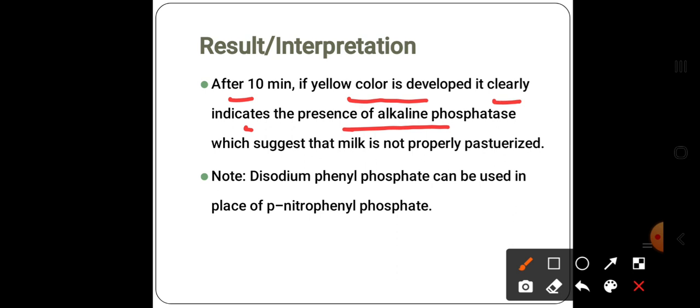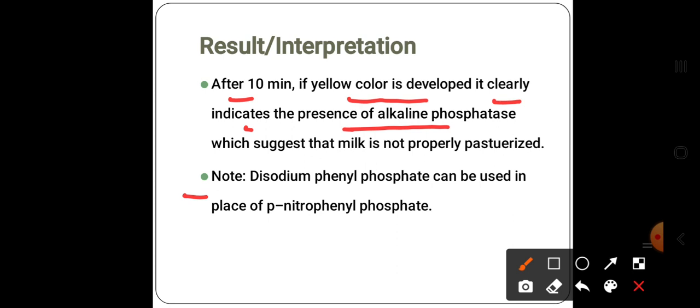Here, in place of this substrate, we can take another substrate. The substrate para-nitrophenyl phosphate gives a yellow color. If the intensity of that yellow color is higher, it indicates the presence of alkaline phosphatase in that milk sample.